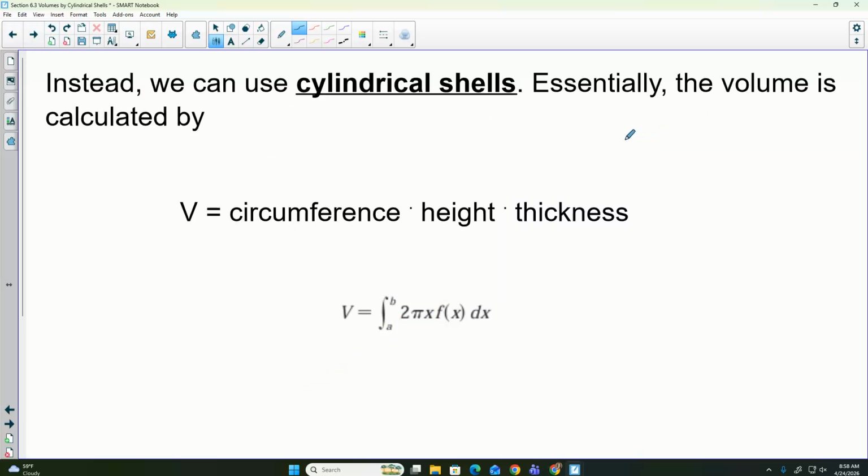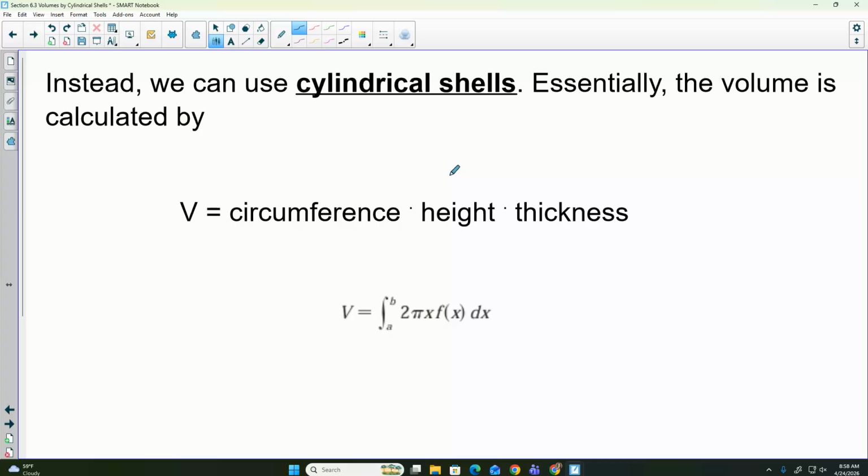Essentially, to do this volume, we're looking at a shell. So volume is circumference, distance around the circle, times the height times the thickness. Right? Think area of a circle we know is pi r squared.